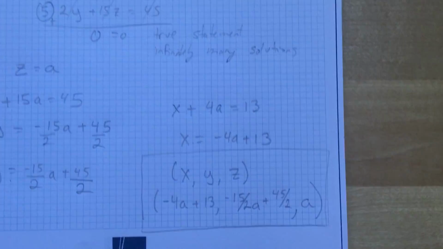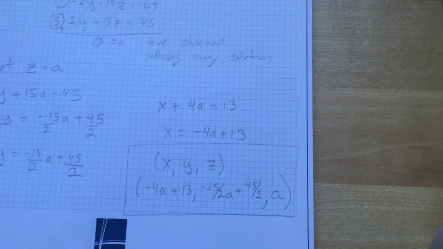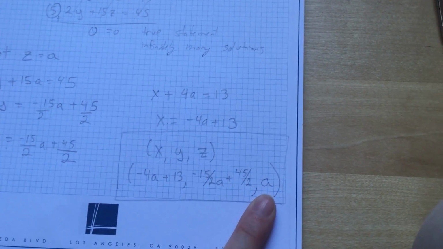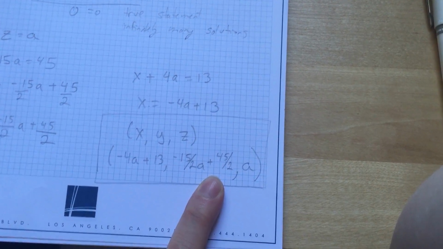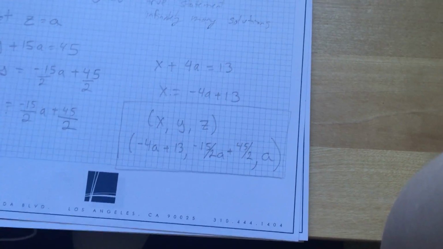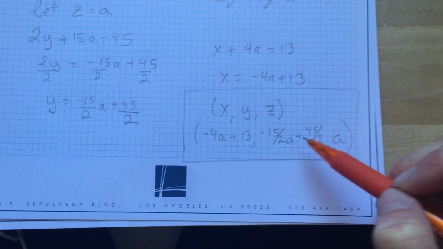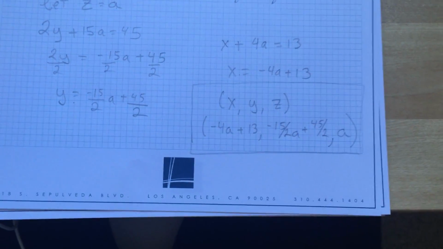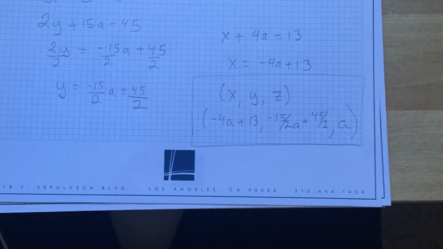Okay, and so now technically you can choose any number for a. If I choose 0 for a, the z will be 0, the y would just be 45 over 2, and then this one would just be a positive 13. If you want to choose the number 1, great. This will be 45 over 2 minus 15, so 30 over 2, so 15.